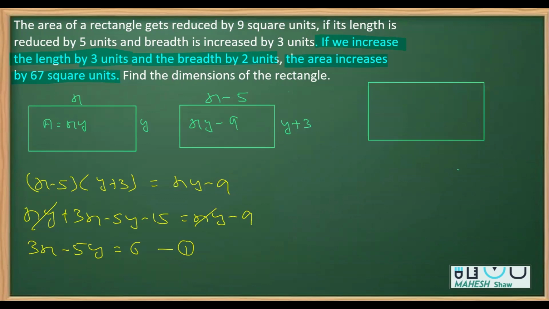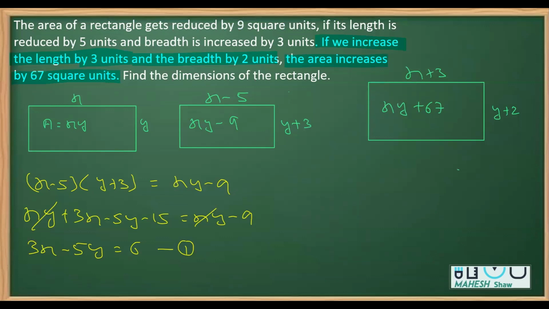We don't need to draw the diagram, I'm just doing it for clarity of the working; in the exam you don't need it. If the length is increased by 3 units and the breadth by 2 units, the area increases by 67. That means the new area of this rectangle is the original area, xy, plus 67.